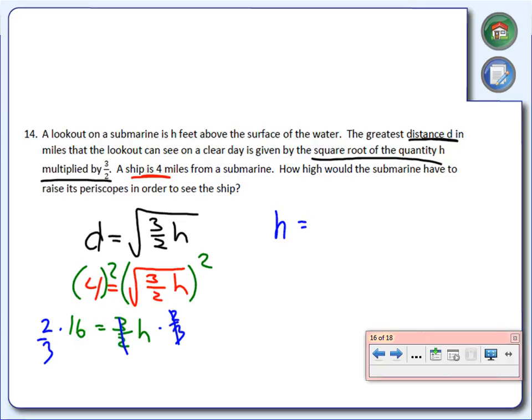Two-thirds times 16. What's that? 10.6. Now notice on this one, they didn't tell me exactly where to round my answer, so I can put pretty much anything that's close to 10.6. I can do 10.6, 10.66, or 10 would even be just as good.